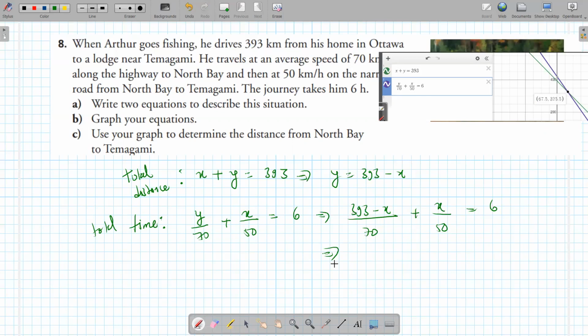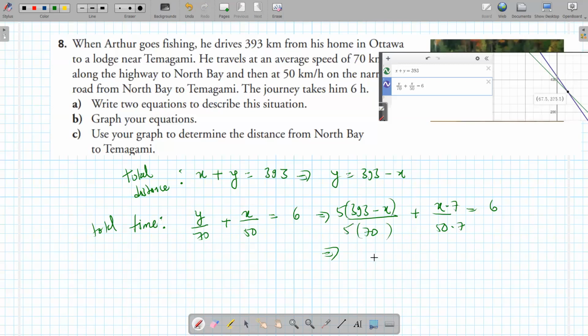It's 350, you don't have to go to 3,500. Because 70 goes into that 5 times, you multiply this by 5 to get 350, and multiply this by 7 to get 350 for the other one.